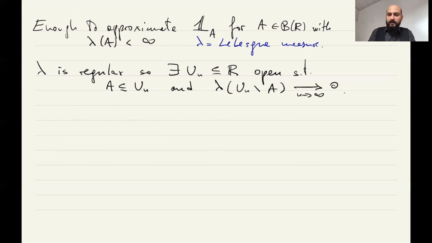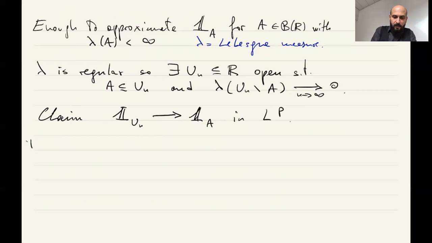So this is about sets. And now we claim that the characteristic functions of these sets converge to the characteristic function of A in Lp.